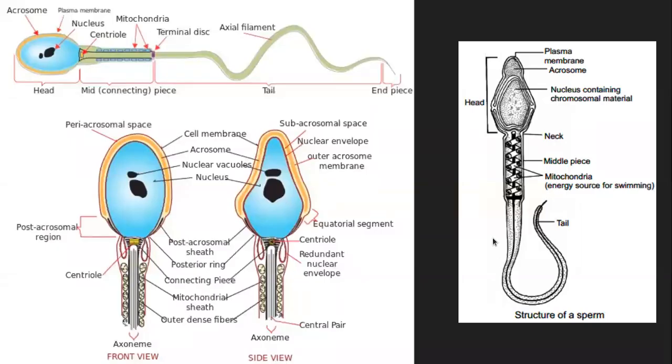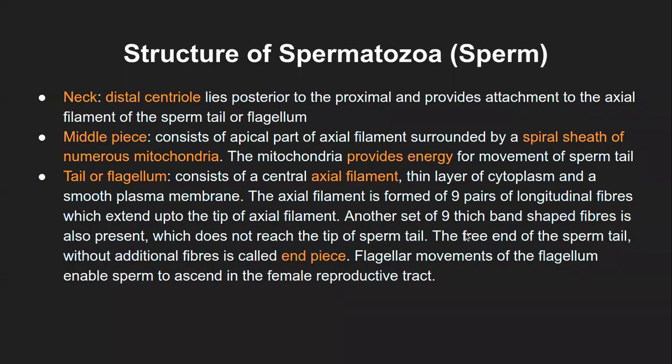Now, what it means is the sperm tail is kind of tapering, as in at the start it is a little thicker and towards the end it is a little thinner, and that structural difference is because at the starting portion of the tail there are 9 longitudinal fibers, and then there are another 9 thick band shaped fibers.